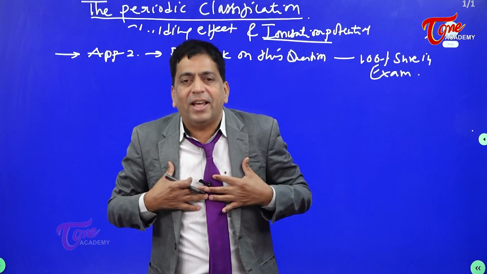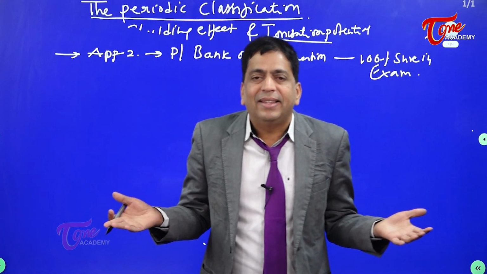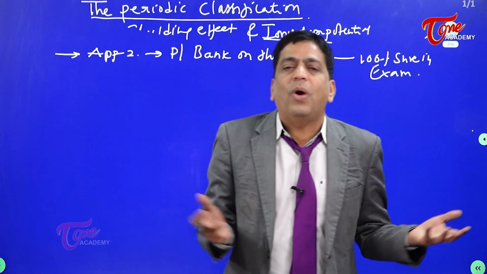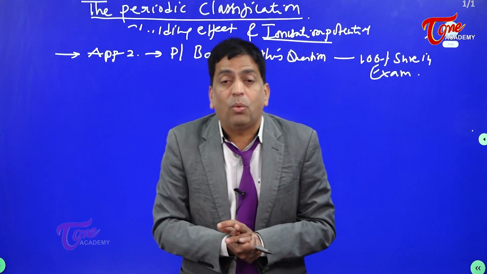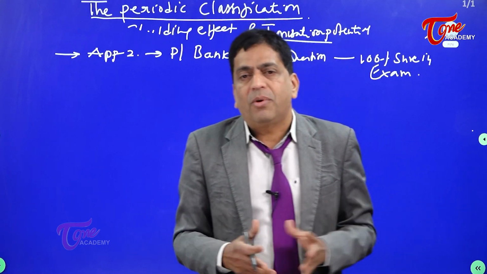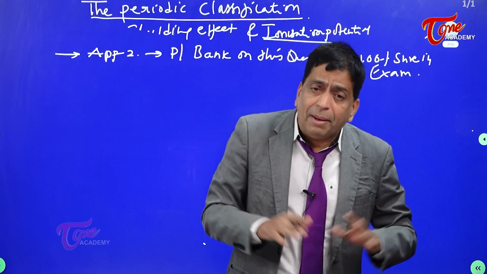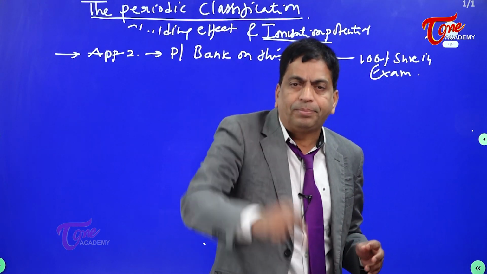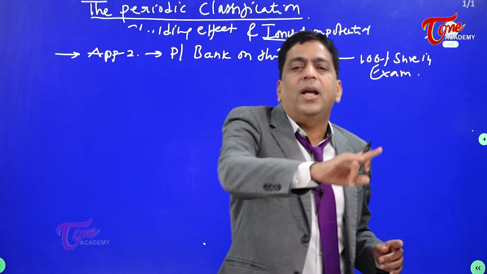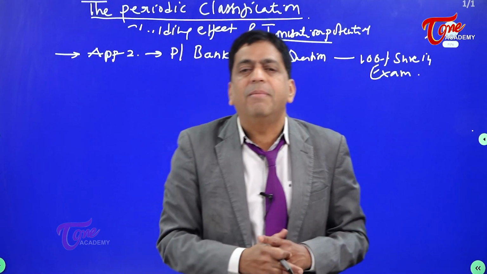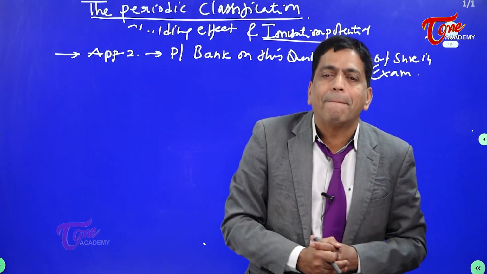In the simplest language, seeing the ionization potential value, I can judge the valency of an element, or the group number of an element. Remember, the number of valence electrons is nothing but the group number. So the total number of electrons present in the outermost shell of an element indicates its group number.